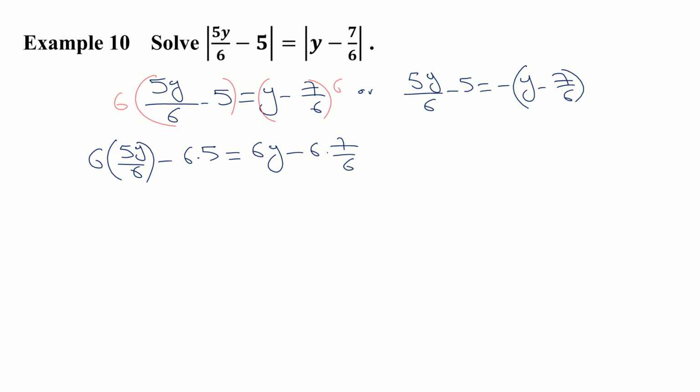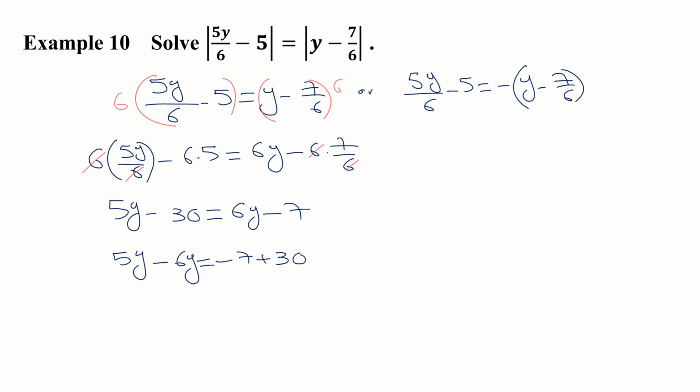So we notice that this 6 will cancel that 6, and on this right side, these two cancel. So we're left with 5y minus 30 equals 6y minus 7, right? So let's get the y's on one side. 5y minus 6y equals negative 7 plus 30.